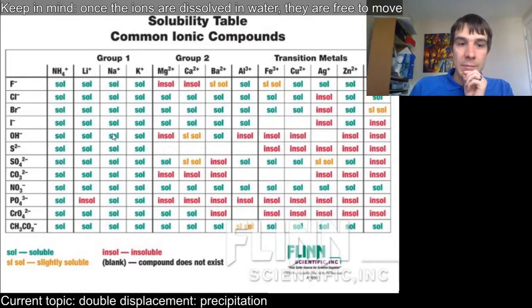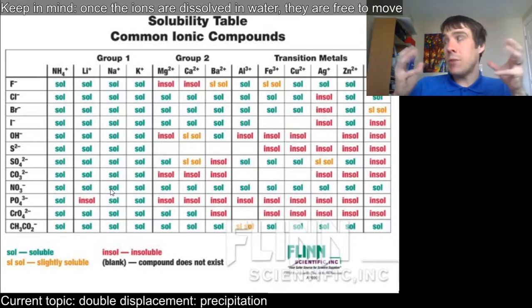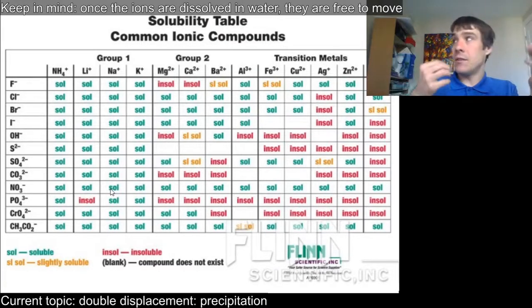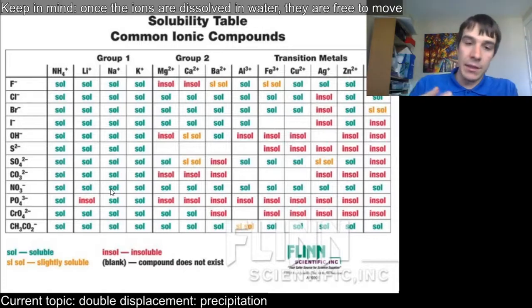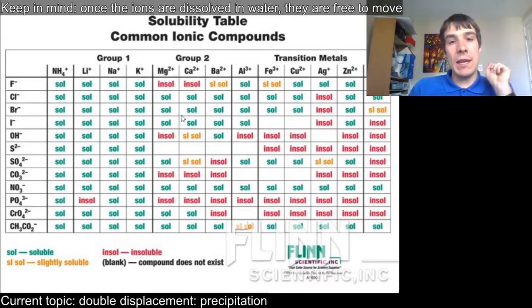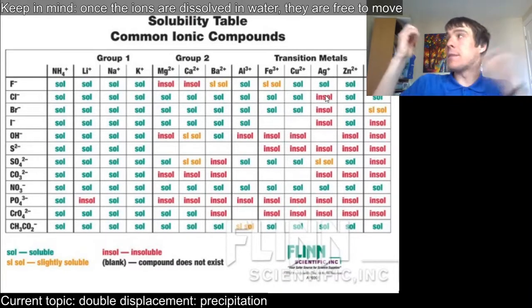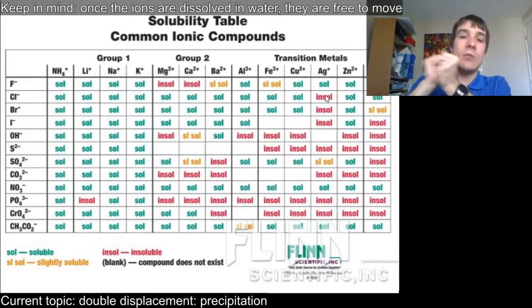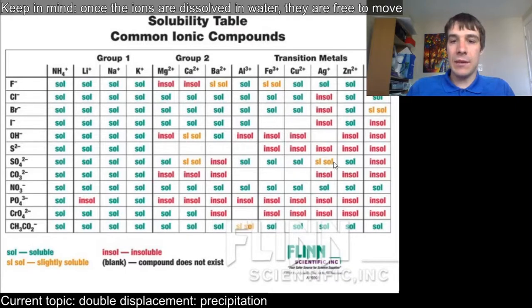When the sodium bumps into nitrate, no problem, because we've got silver, nitrate, sodium, and chloride in our solution. But when the silver bumps into the chloride, now they're stuck together too strong, water can't pull them apart. It's insoluble. There's also these slightly soluble ones around, and then some blank spaces where I guess the reaction is weird or does something strange, and other stuff happens.